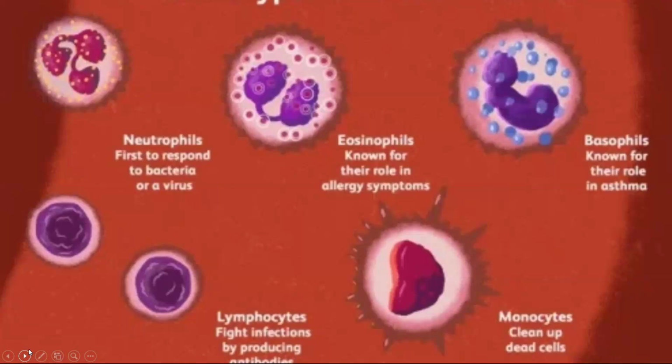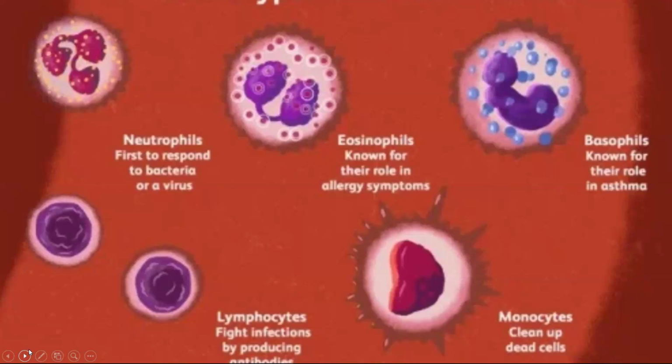Neutrophils are basically 3 to 5 lobed nuclei, and they are the first to respond to bacteria or a virus. Eosinophils have brick red granules and a bilobed nucleus.